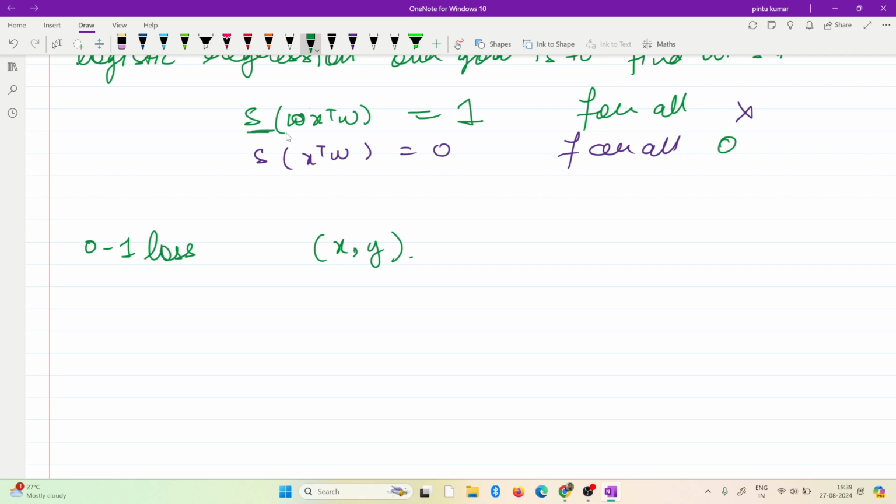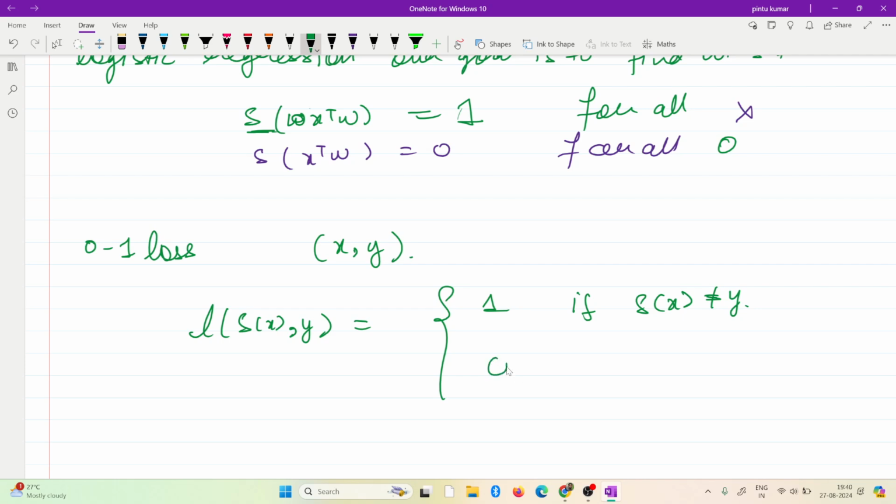Now prediction you are making via S. So your loss between S of X and Y is 1 if S of X is not equal to Y. So if your S of X is telling that your value is 0 and your actual value is 1, then you make an error of 1.